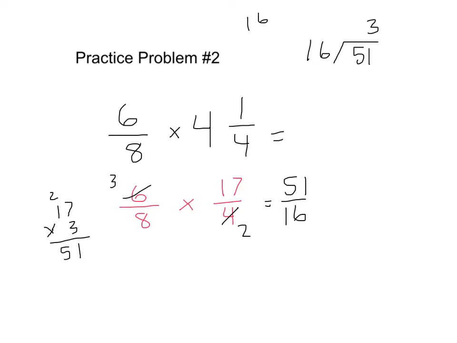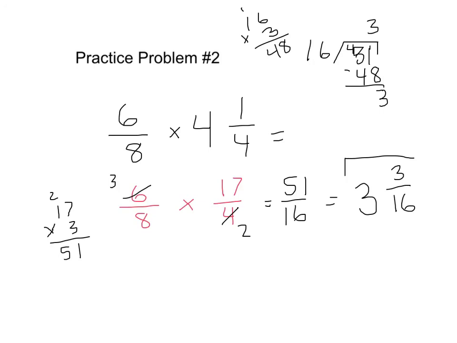So 16 times 3. 3 times 6 is 18, carry my 1. 3 times 1 is 3, plus 1 is 4, so 48. So I'm going to go ahead and subtract. 51 minus 48 is 3. So my answer for this problem is 3 and 3/16. Feel free to circle a smiley face and write a question if you have one.